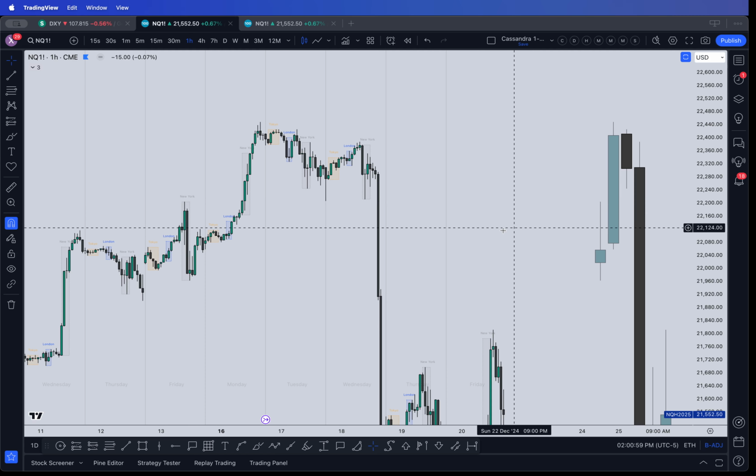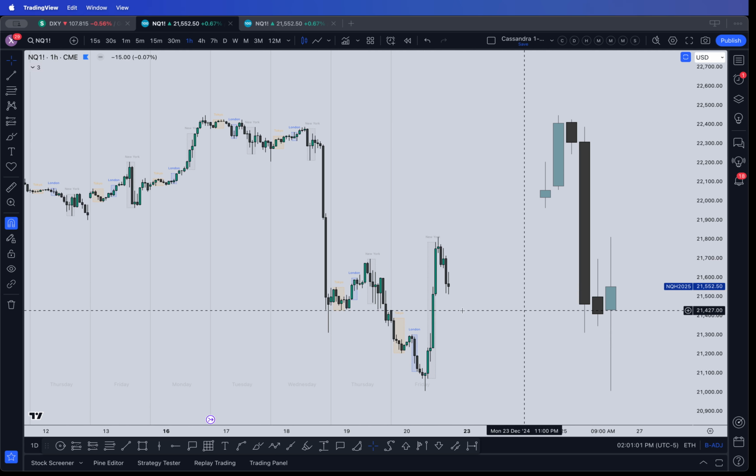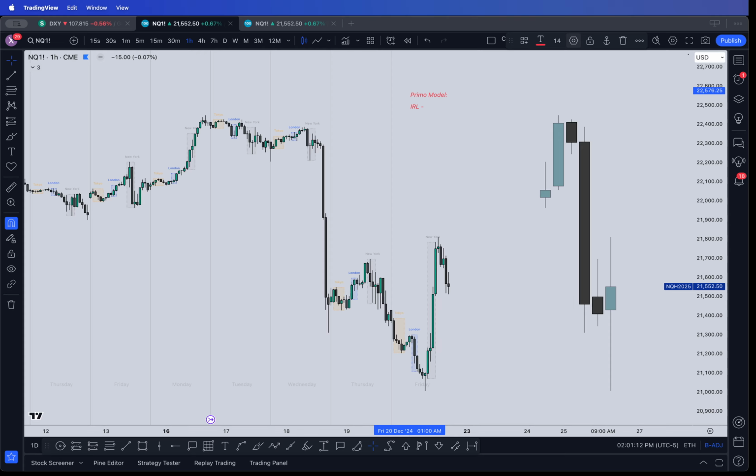Okay, let's take a look at some examples of this very simple foundational model, which I'm calling the Primo model, this IRL to ERL system. Now that in and of itself is not going to be profitable. This alone is not largely profitable. We need to layer narratives.